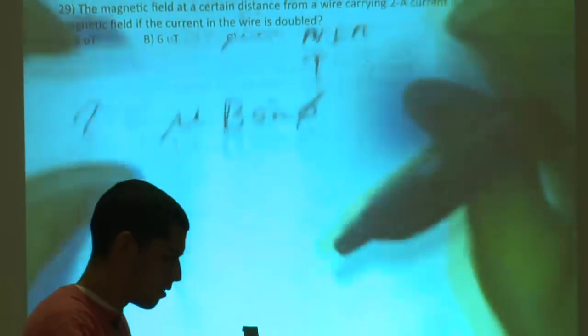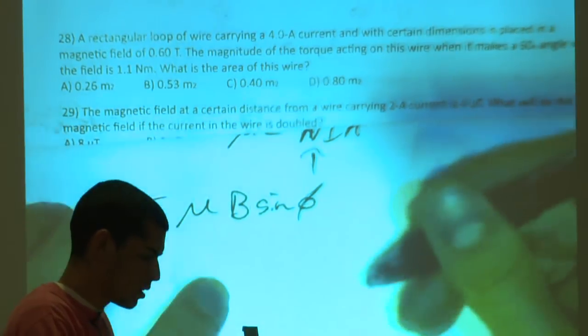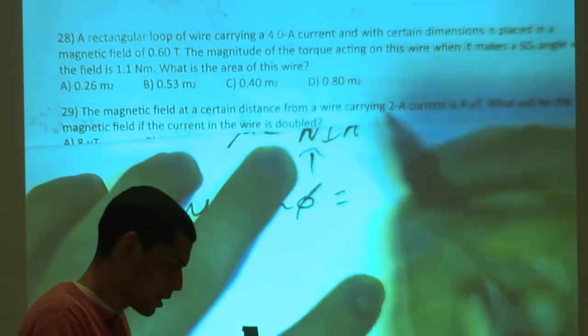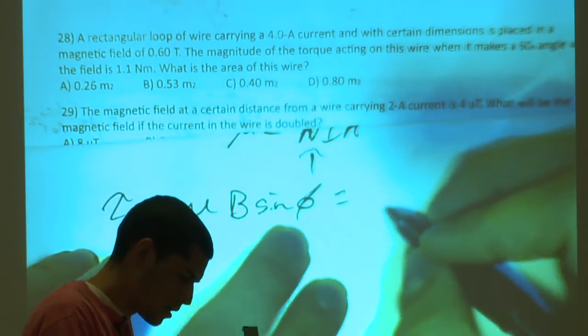We have a rectangular loop of wire carrying a 4 ampere current. So the torque is going to equal N, let's see what N is, we'll put that last.